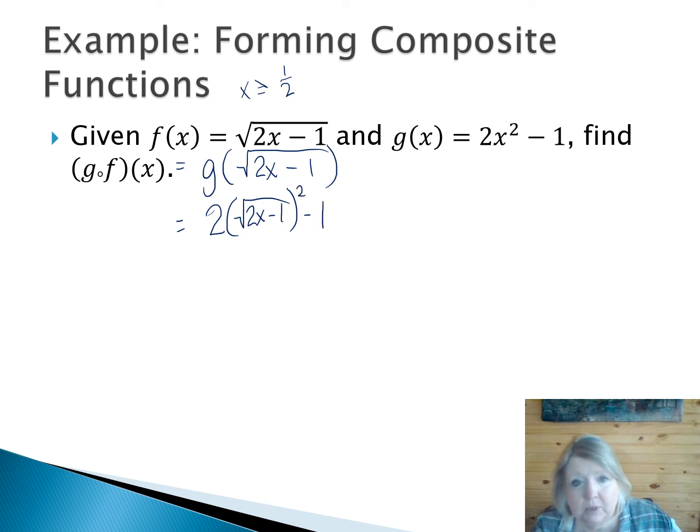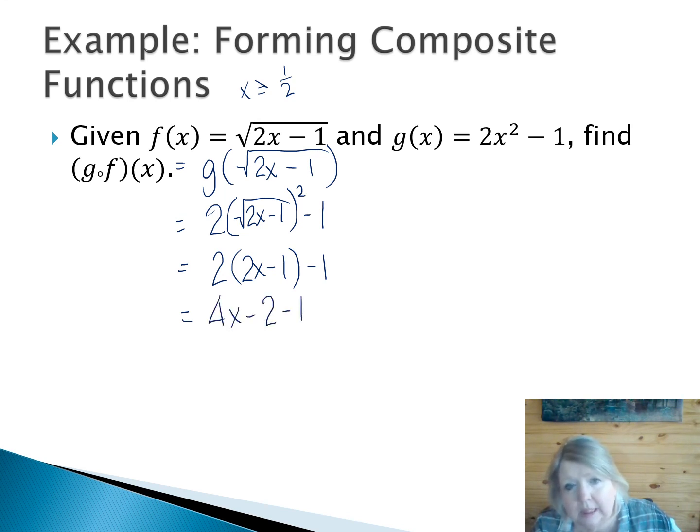Well, the square root and the square sort of halfway, you might want to say cancel each other out. So that leaves me with 2x minus 1. And 2 times 2x is 4x. 2 times 1 is 2. And negative 2 minus 1. Look, I end up with 4x minus 3.